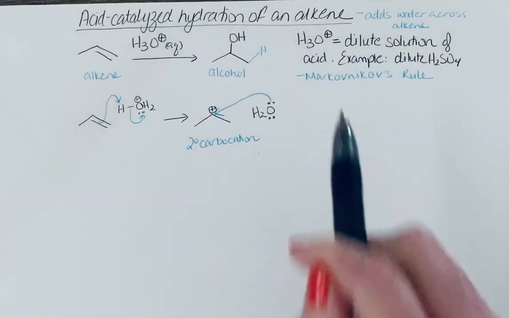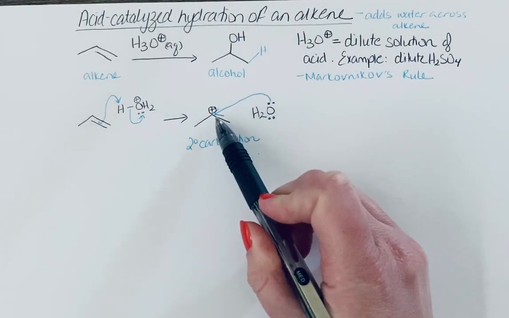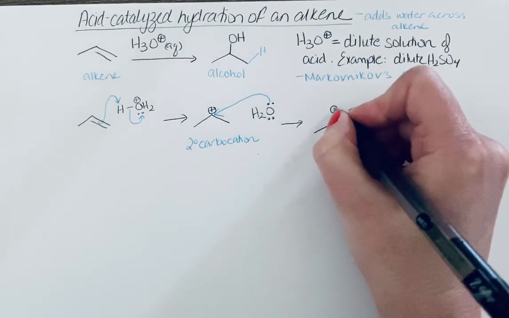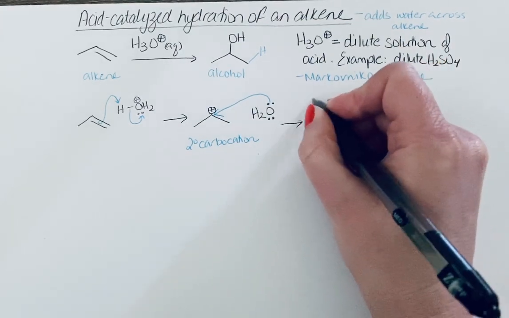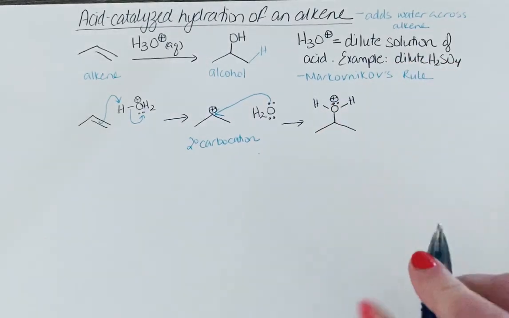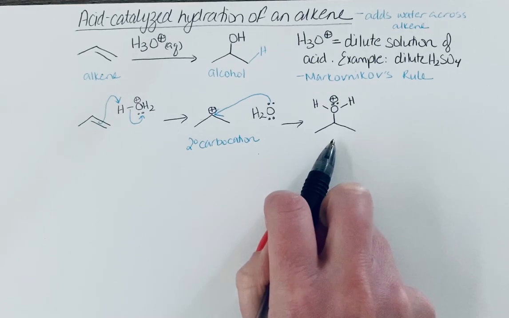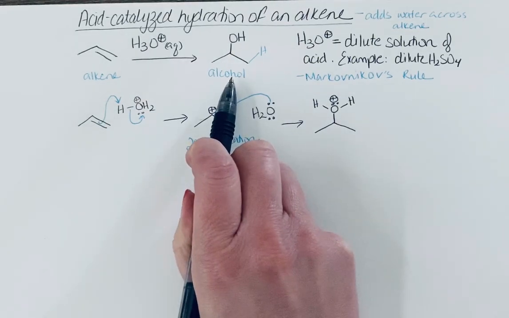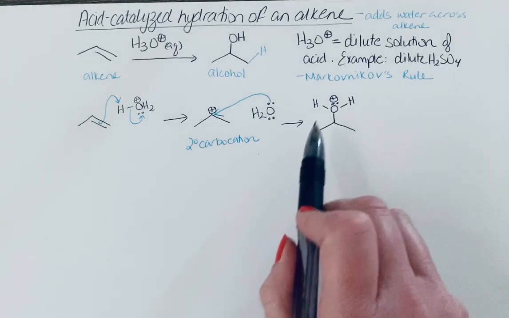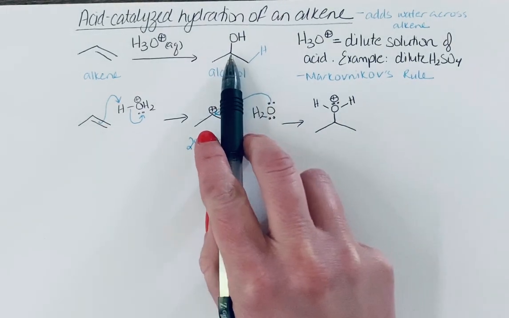So we are forming a new bond between this oxygen and this carbon. So what we have at this stage is something that looks pretty close to the product that we have drawn up here, but it has an extra hydrogen. So what we need to do here is neutralize this to get to the neutral alcohol product.